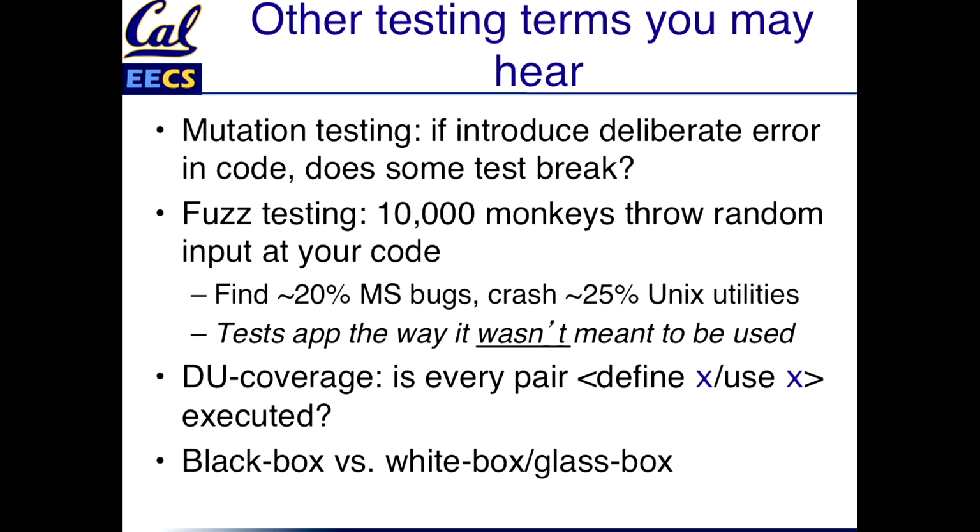And lastly, you'll probably hear terms like black box testing versus white box testing, or sometimes people call it glass box rather than white box. The idea is a black box test is what you do when you either don't have much information about the implementation, or you're really just concerned with testing against an external spec, as opposed to a white box test where you know something about the implementation and your test cases are designed to stress the thing you know.